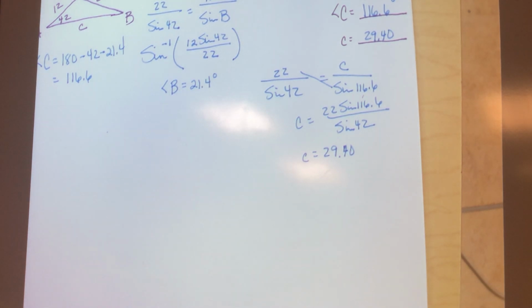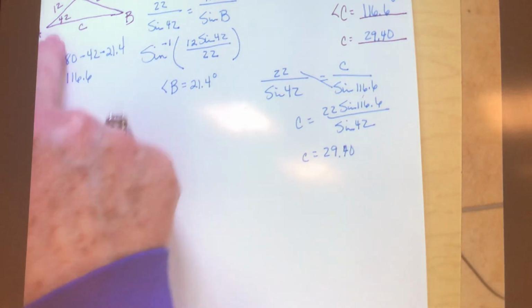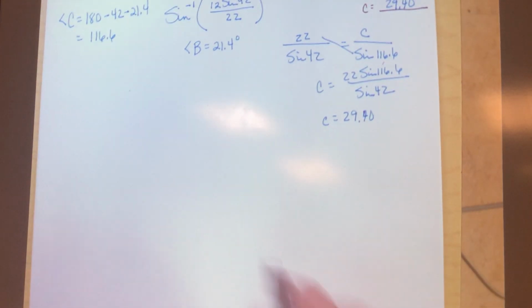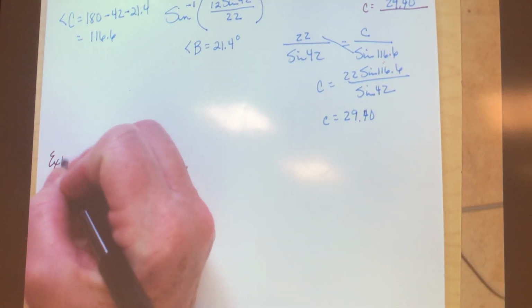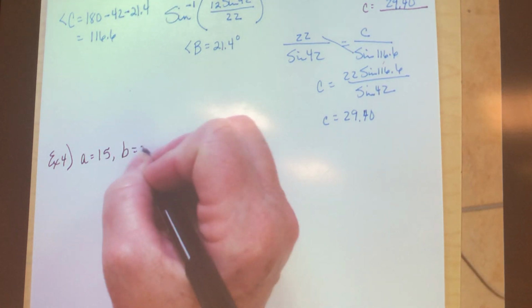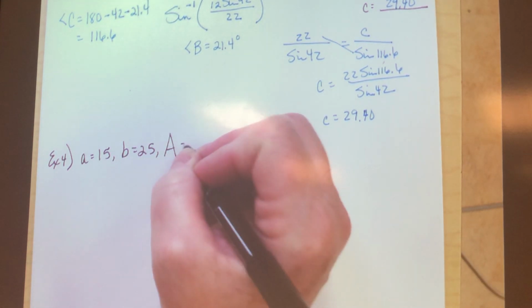Yeah, you can, but I'm not. I'm gonna use the one they gave me. Okay? All right, one more quick problem. So example 4, little a is 15, little b is 25, and big A is 85.